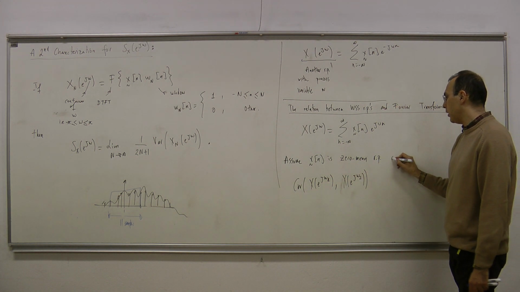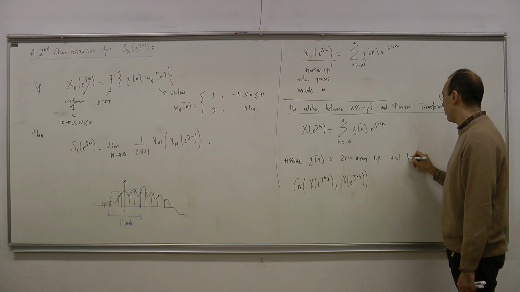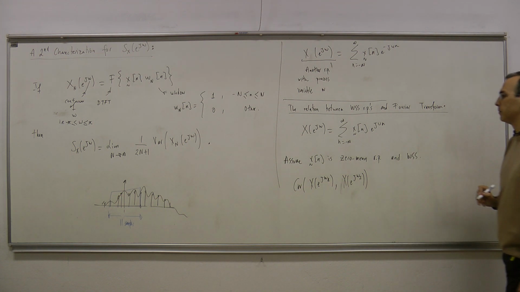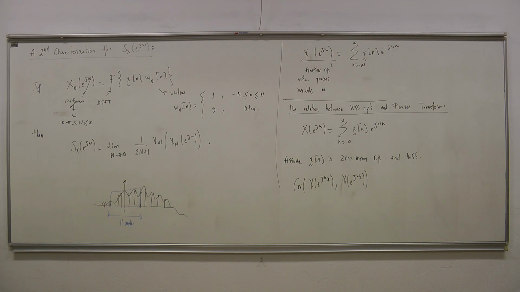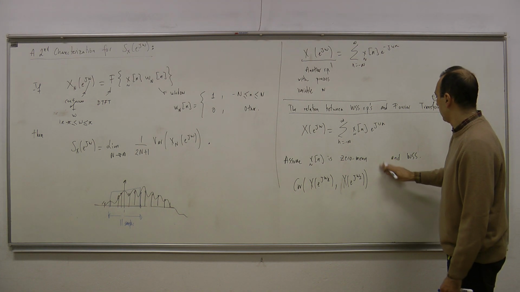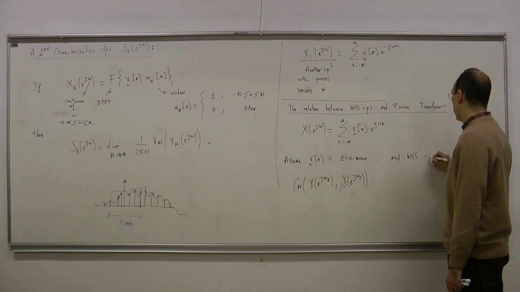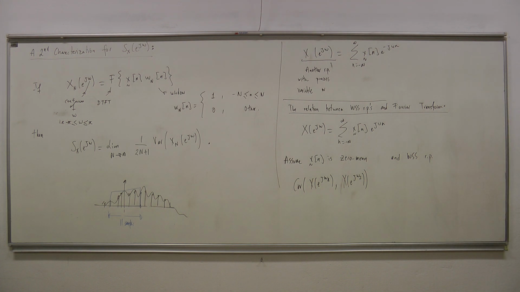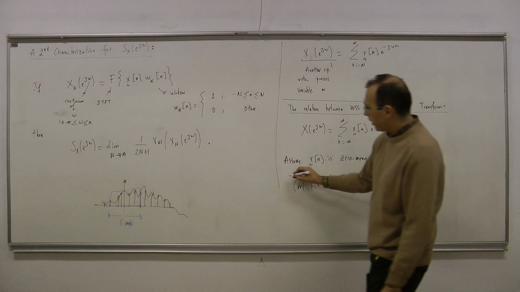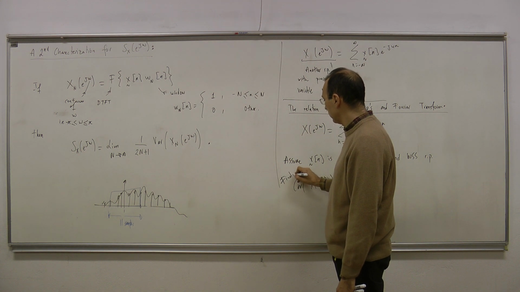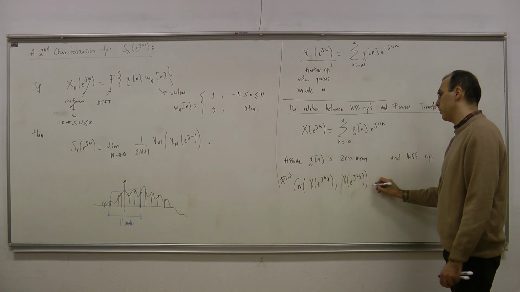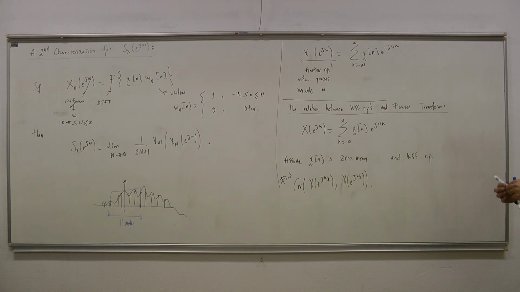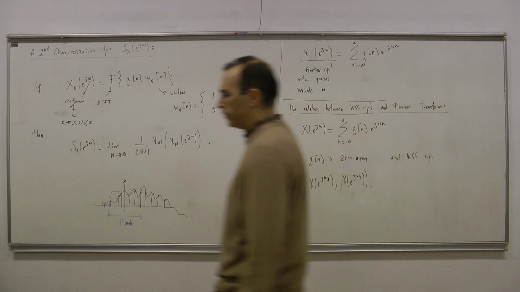Zero mean and wide-sense stationary random process. So the question is, find the covariance of these two samples. So how can I do this?